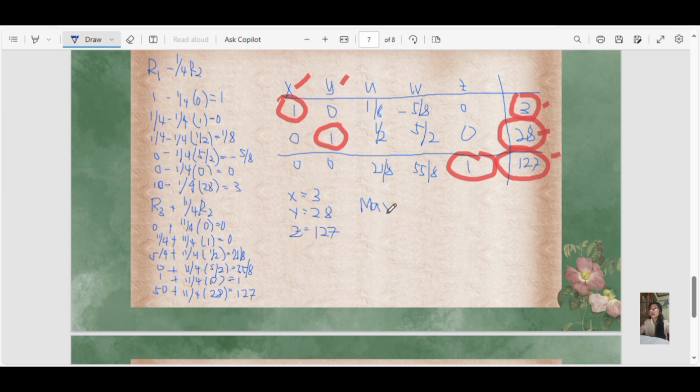Again, what is the maximize we use? It is z equals 5x plus 4y.